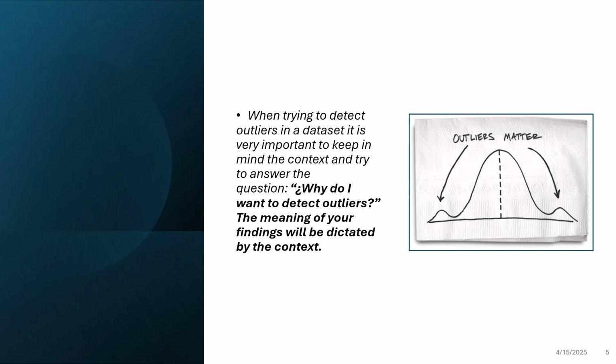So when trying to detect outliers in a dataset, it is very important to keep in mind the context and try to answer the question: why do I want to detect outliers? The meaning of your findings will be dictated by the context.